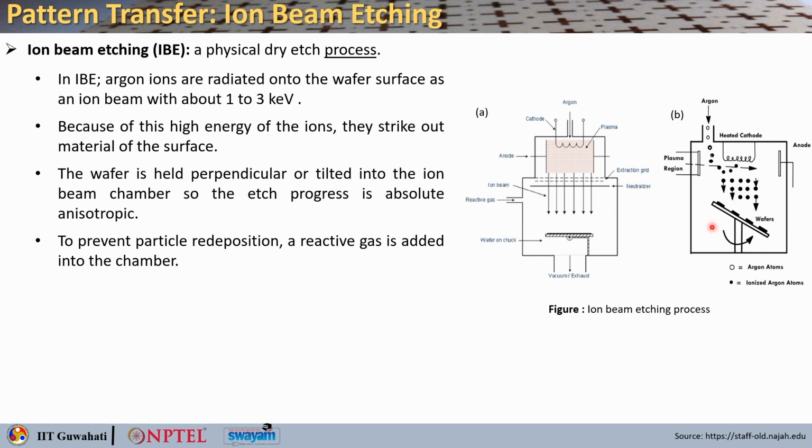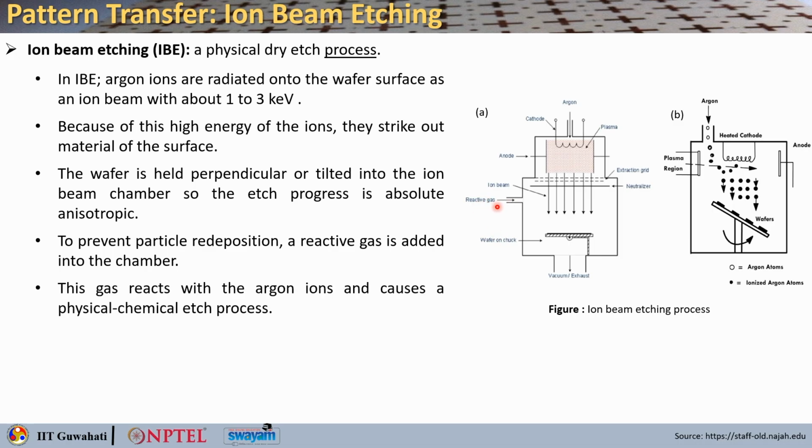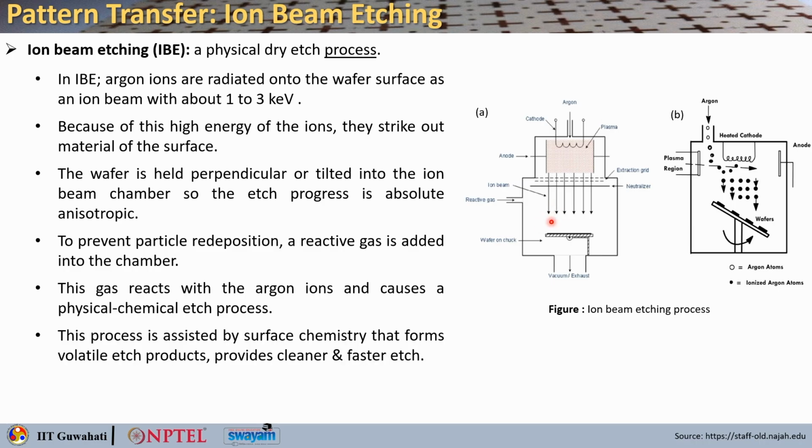To prevent particle redeposition, a reactive gas is added to the chamber, and this gas reacts with the argon ions and causes a physical chemical etch process. This process is assisted by surface chemistry that forms volatile etch products, which provides cleaner and faster etching.